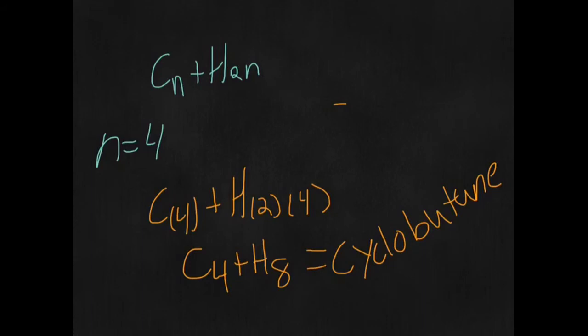So let's do another example. If we had n equals, let's say, 9, we write our formula, CnH2n.